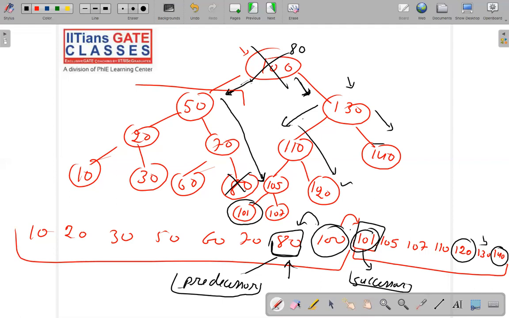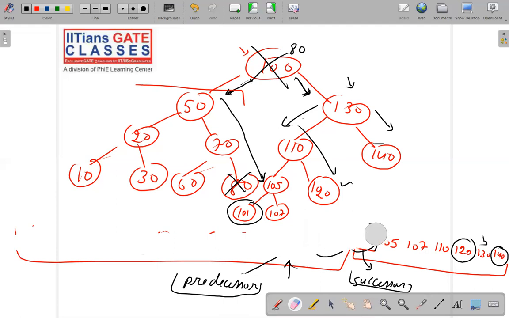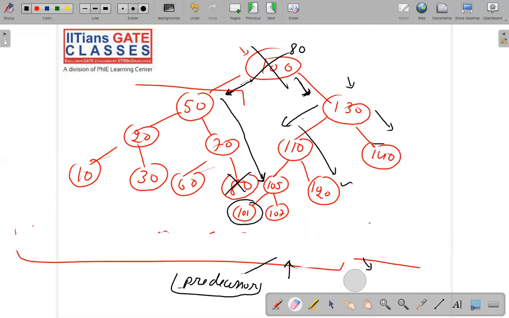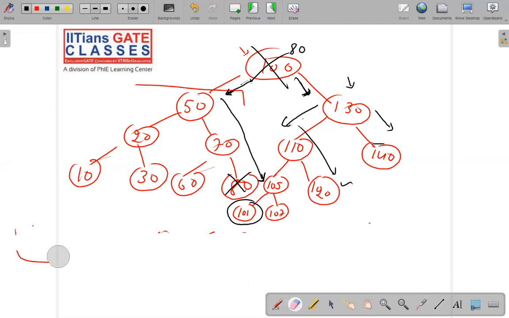Let's do the Inorder traversal. What we did, we replaced 100 with its predecessor. You can replace it with the successor also. It won't change anything. You can follow any of the approaches. So right now let's do the Inorder traversal.